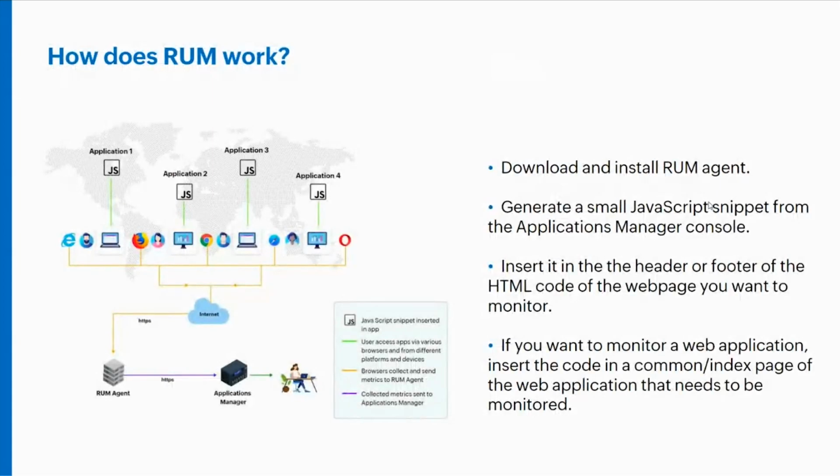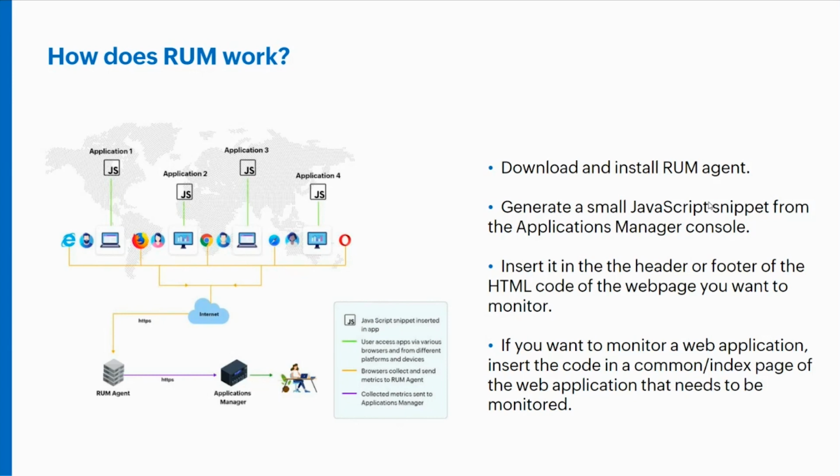So, how does real user monitoring work in Applications Manager? To facilitate the data collection and reporting, real user monitoring's remote monitoring agent is deployed in the server where the web application is hosted. Following that, a small JavaScript snippet is generated by Applications Manager and is placed in the header or footer part of the HTML code of the web application that you want to track.